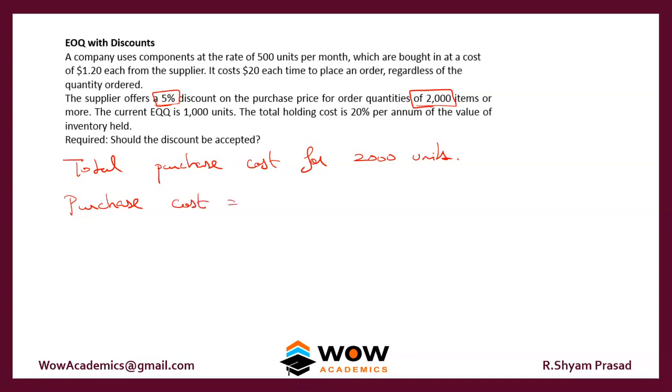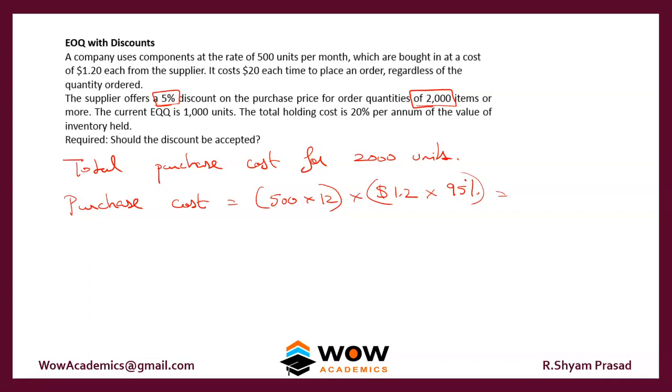Purchase cost here is, in a year we buy 500 units in a month into 12 into the purchase price per unit, which normally is 1.2, but now we get a 5% discount. So we'll take it as 95% of this value. 5% has gone as discount, 95% is the value of the product. So we'll take it like this and we'll compute.